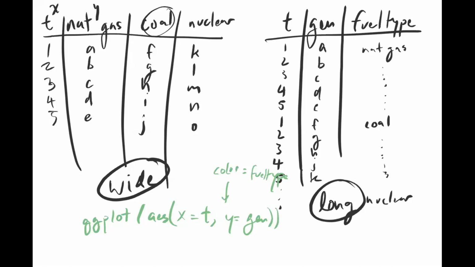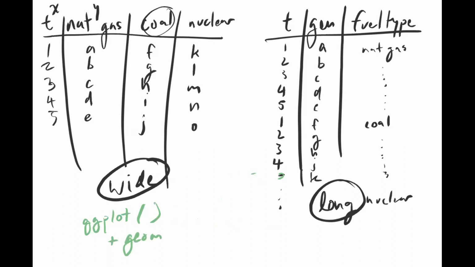You're right, I could explicitly specify colors in a list, but to be equivalent to wide, all I would need to do is this.